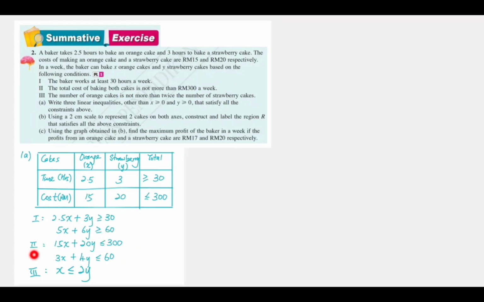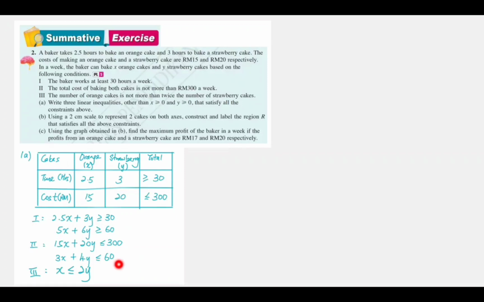Second constraint, 15x + 20y should be less than or equal to 300, which is about the cost. To simplify this, we see 15, 20 and 300 can all be divided by 5. Each of these terms divided by 5, we get 3x + 4y ≤ 60. This is our second inequality.